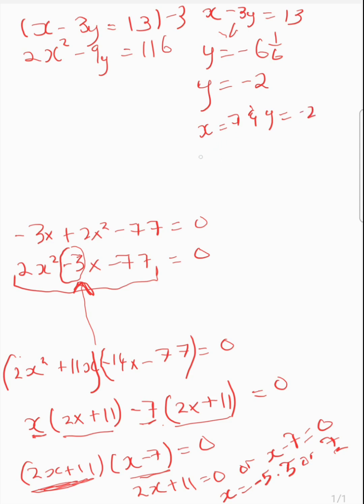Then we get x equals minus 5.5 and y equals minus 6 1 over 6. So these are our solutions here.